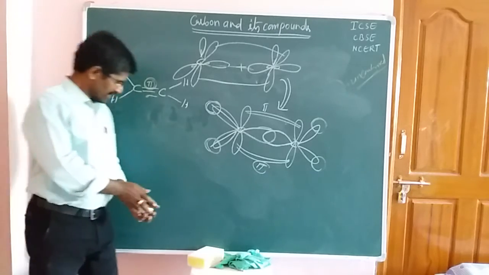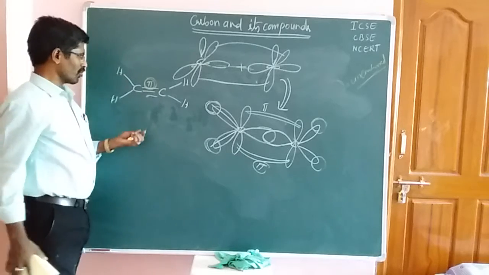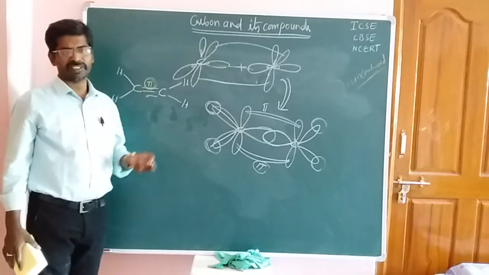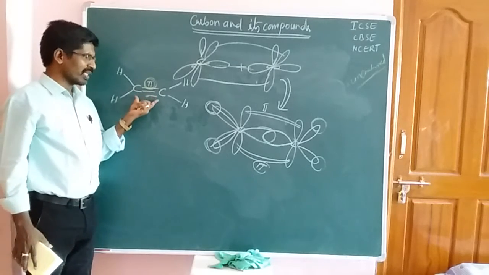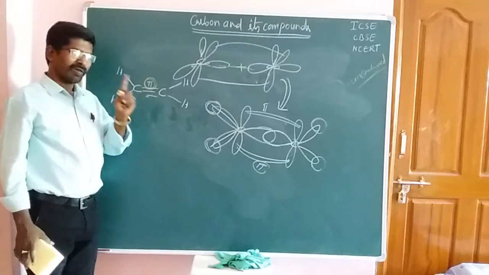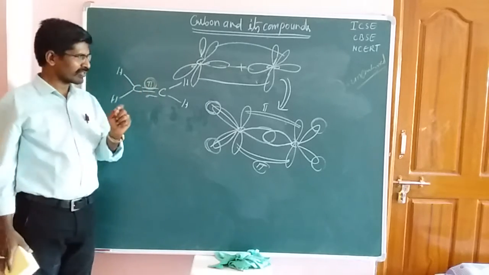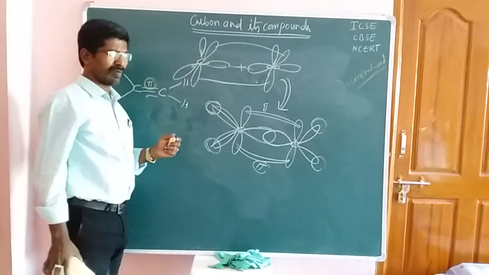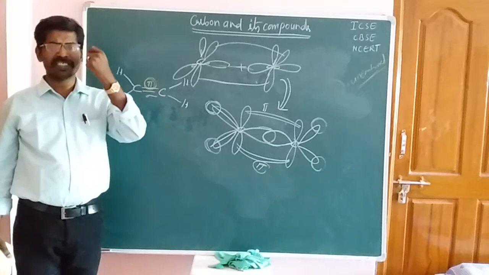So this is the second type of hybridization. Now in this molecule, how many sigma bonds are present and how many pi bonds are there? In the ethylene molecule or ethene molecule, 1 2 3 4 5, 5 sigma bonds are present and 1 pi bond is present. So this is the example and complete description for the sp2 hybridization phenomenon.